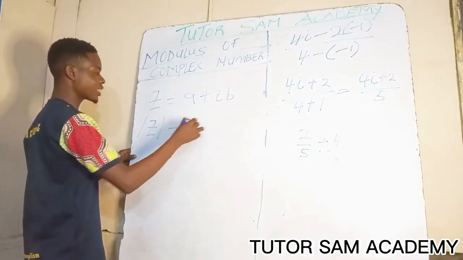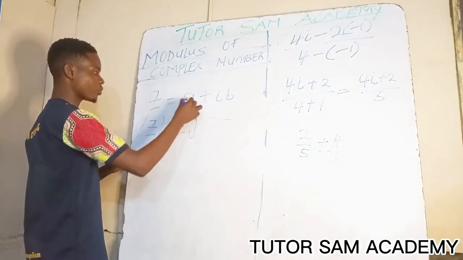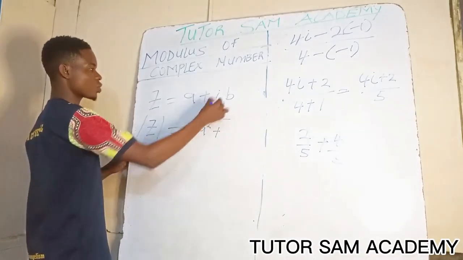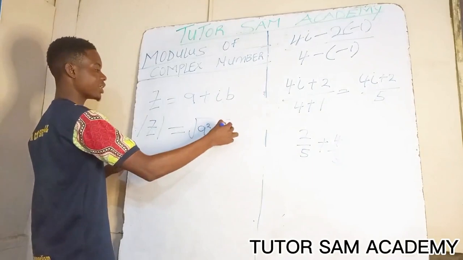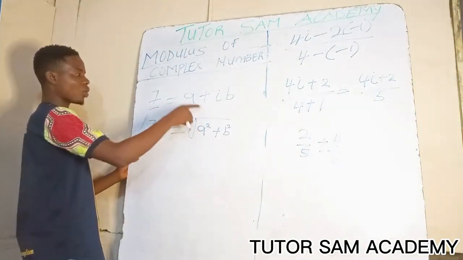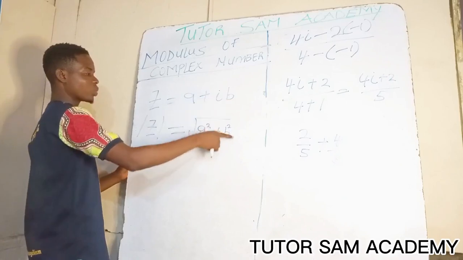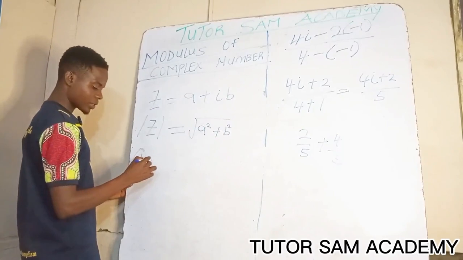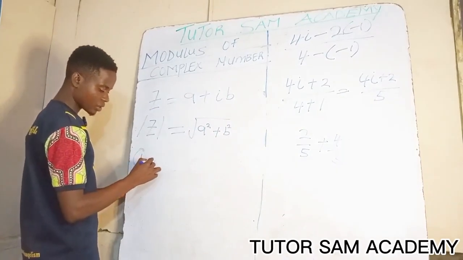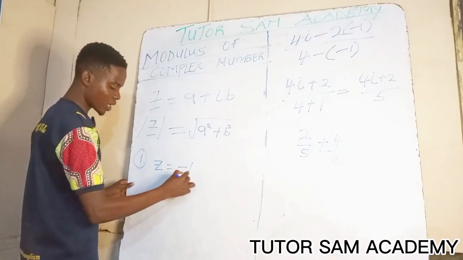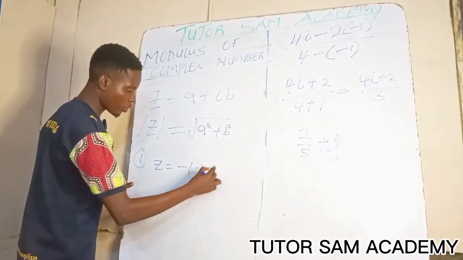Modulus means just taking the square root of the square of the imaginary part plus the square of the real part. So you take the square of the real part here and the square of the imaginary part of the complex number. So let's say we have z to be minus 1 plus 14i.